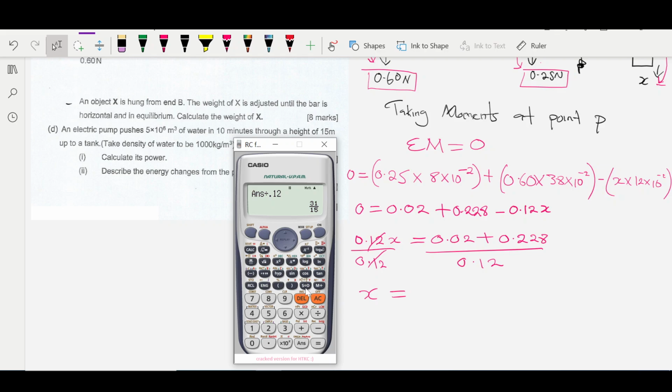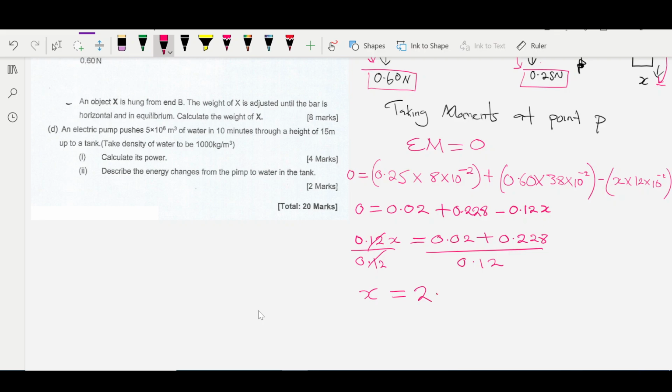Okay, so we have 2.1 newtons, so approximately 2. So this is our x.